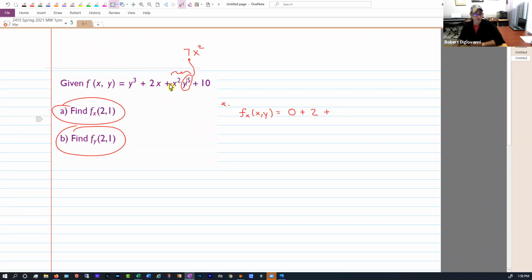We're going to bring the 2 out and multiply it times the constant, which is y to the 5th, right? So we would get, I'm going to write it this way, 2x, and I'm just going to leave the y to the 5th there. Y'all see that this constant is like the 7 is here. And I just didn't multiply 2 times that because I don't know what y is. So are there questions on that?